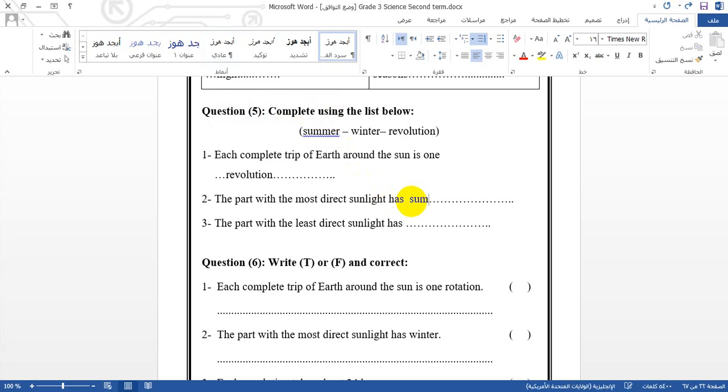What about this one now? The part with the least direct sunlight has what exactly? Winter. The winter. So, question number 6.